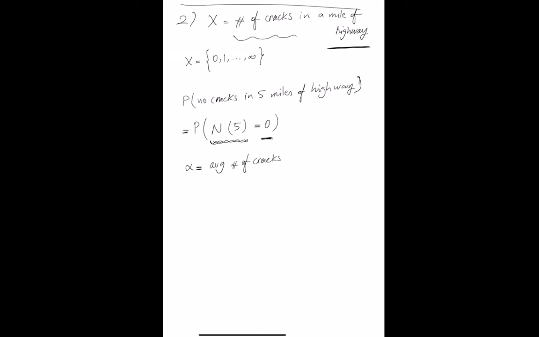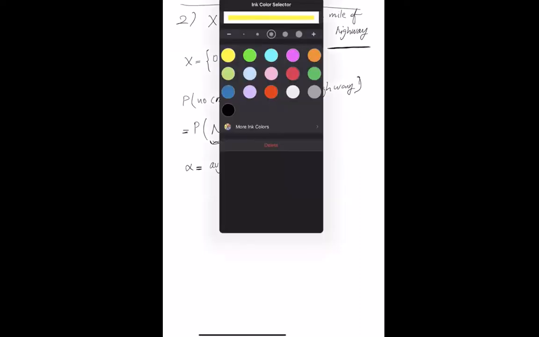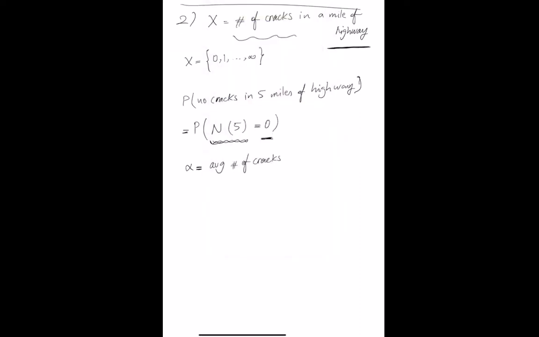Here I'm going to look at the number of cracks in 5 miles of the highway. I want to see what is the probability that there are no cracks in 5 miles of the highway.